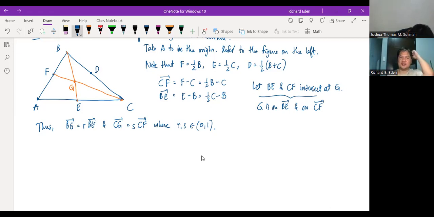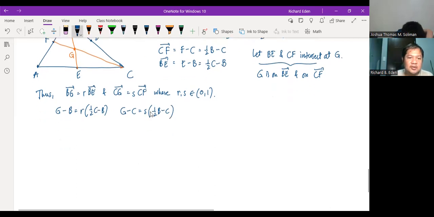BG, this is G minus B, R, and then BE is half of C minus B. And then CG is G minus C equals S, and then this is CF is half of B minus C. And from both of these, G is B plus R times half of C minus B. This is also C plus S multiplied to half of B minus C.